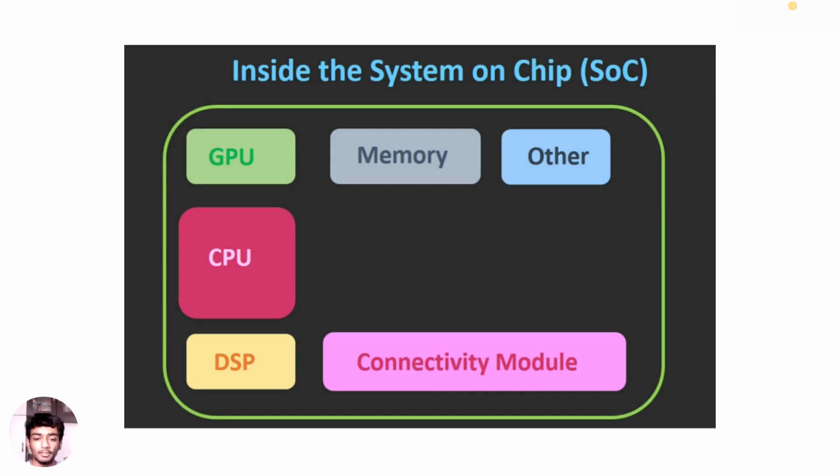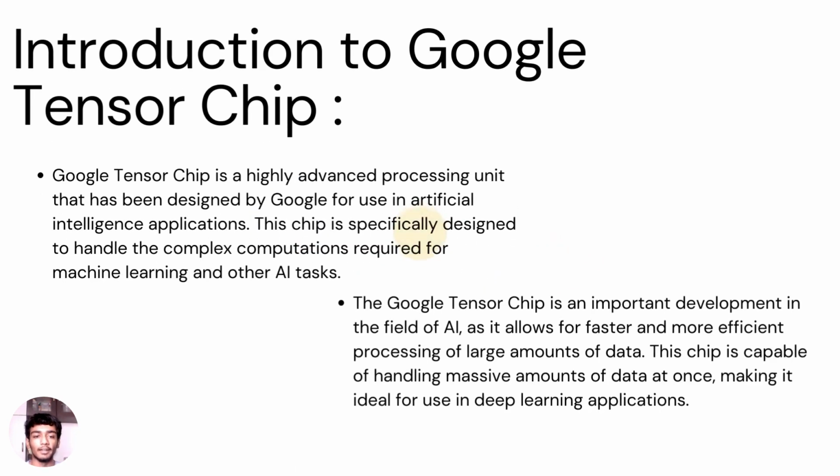Now let's see what is a Google Tensor chip. A Google Tensor chip is a highly advanced processing unit that has been designed by Google for use in artificial intelligence applications. This chip is specifically designed to handle the complex computations required for machine learning and AI tasks.